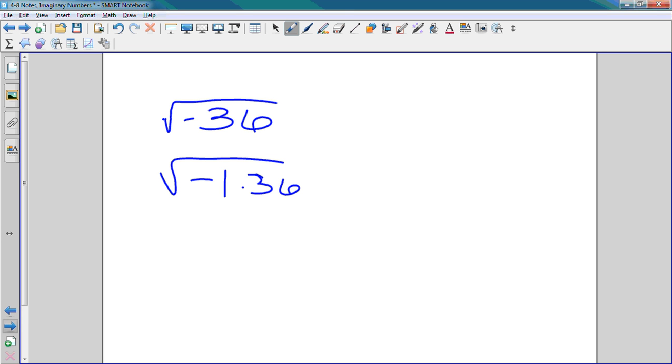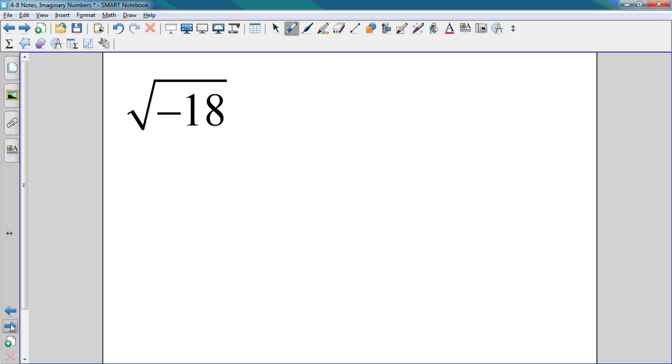You guys know this. We just talked about it. What's the square root of negative 1? i! Okay, and what's the square root of 36? 6i is the answer. Change the square root of negative 1 to an i, and change the square root of 36 to 6. Done.